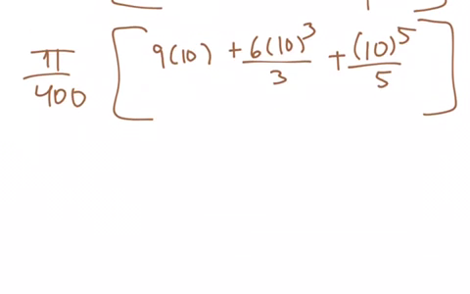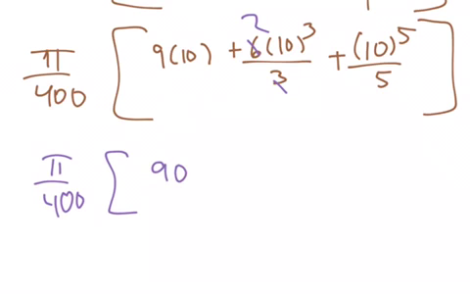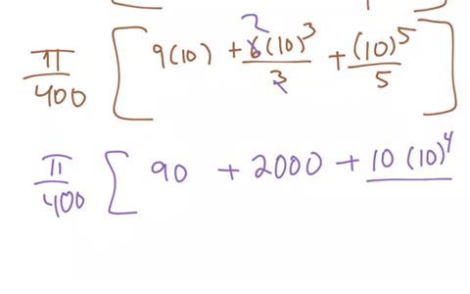When I clean this up, we get pi over 400 times 90 plus 2 times 10 cubed, which is 2,000, plus 10 to the 5th, which is 10 times 10 to the 4th, divided by 5.